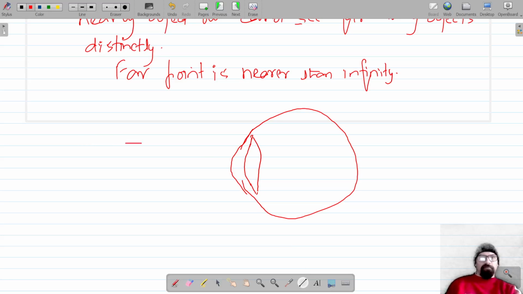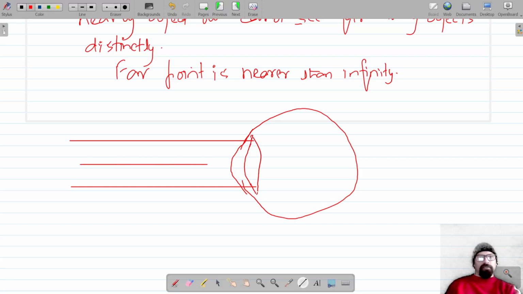The lens, which is a sort of convex lens, is not able to converge them on the retina. Instead, it's converging them in front of the retina. So this is where the rays of light are converging, and the image is formed in front of the retina.